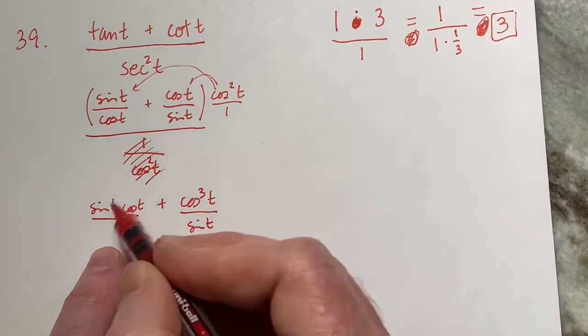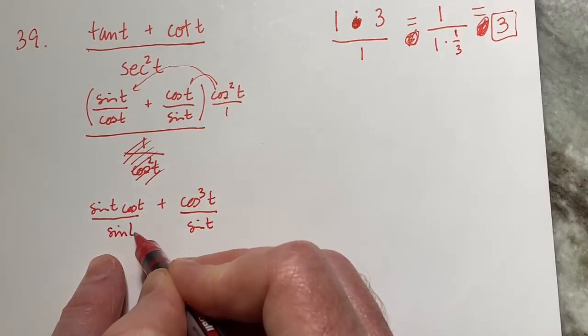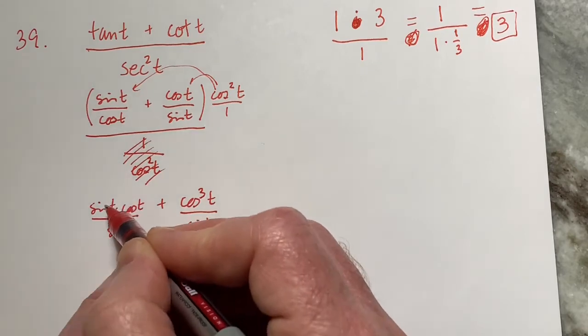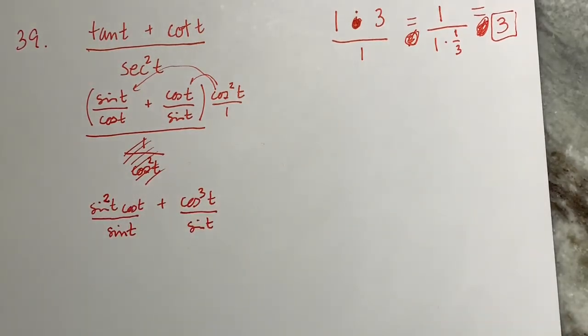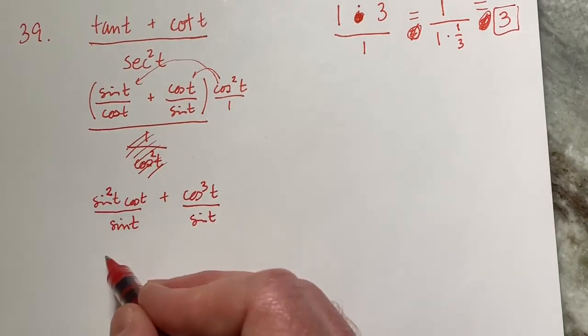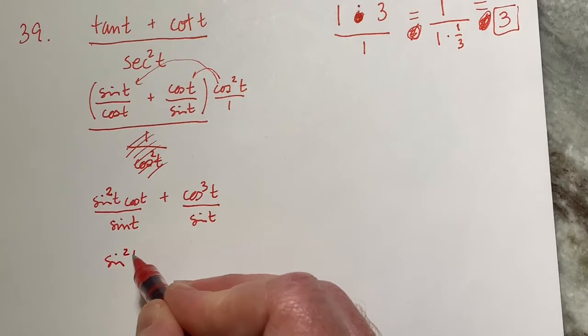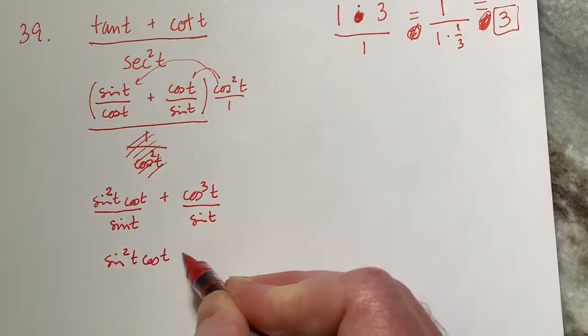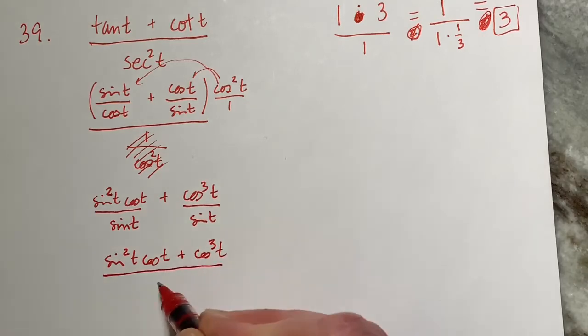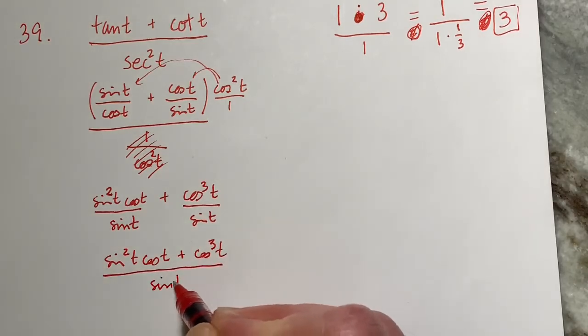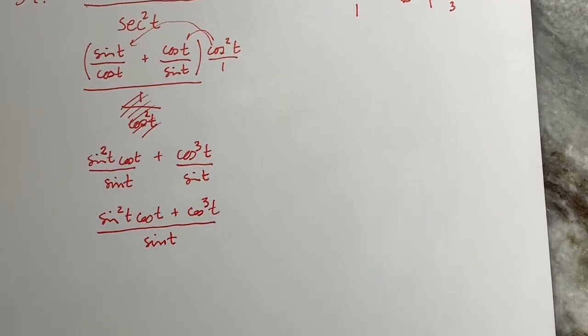I would need a sine here, but if I'm going to multiply the bottom by a sine, I would have to also multiply the top by a sine, which would make that sine squared. Now, you may not think you're getting anywhere, but I think I actually am. Check this out. Now, when I add these together, check out what I have. I get all of that over a single sine. Now, anybody got any ideas?